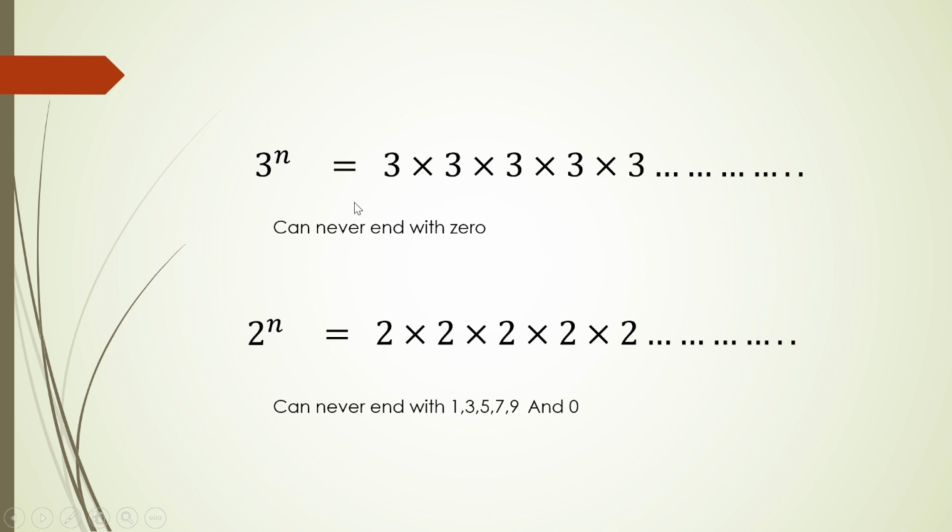So the number cannot end with 0. For any number to end with 0, it must have 5 and 2 in its prime factorization. The number must be a multiple of 5 and 2 both. 5 alone won't work. If 5 will be there in the prime factorization, even then it won't be.